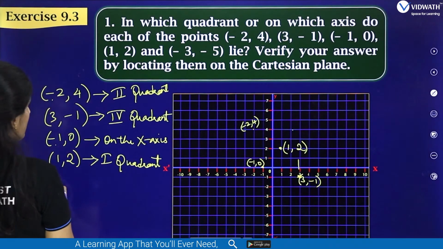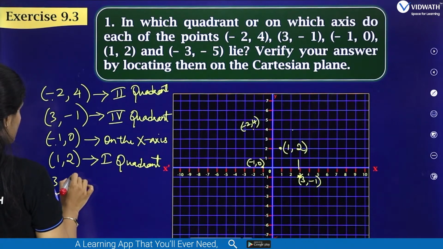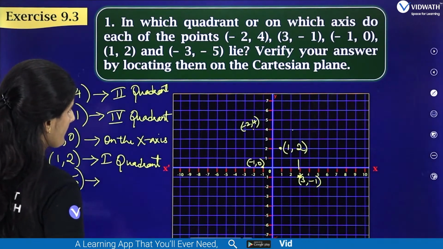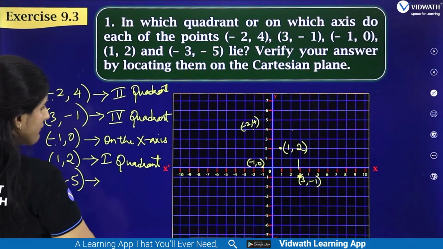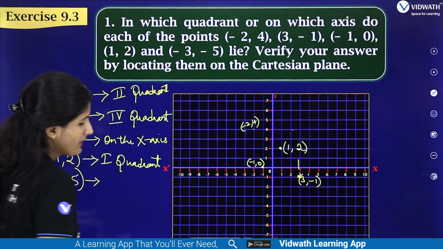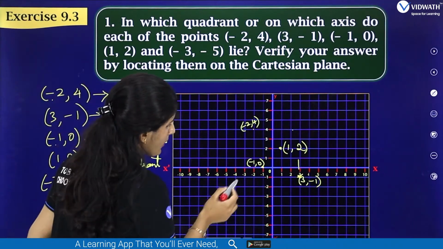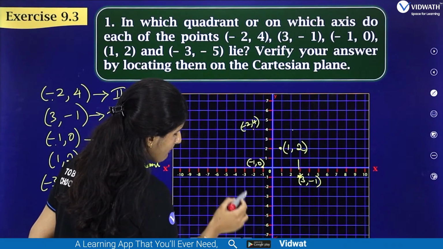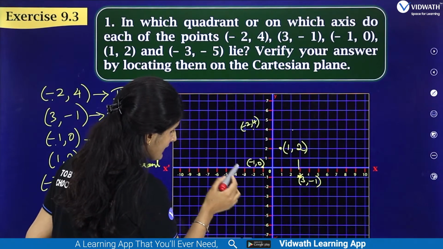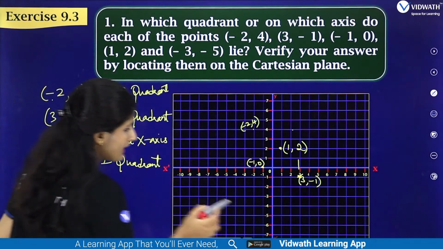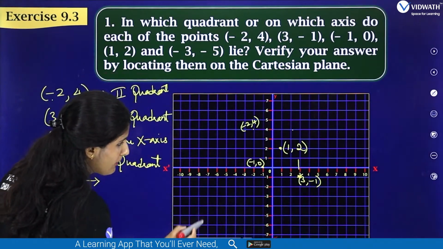And the last point here is (-3, -5). Where can we find (-3, -5)? The point (-3, -5) will lie on a vertical line passing through x equal to -3 and on a horizontal line passing through y is equal to -5.